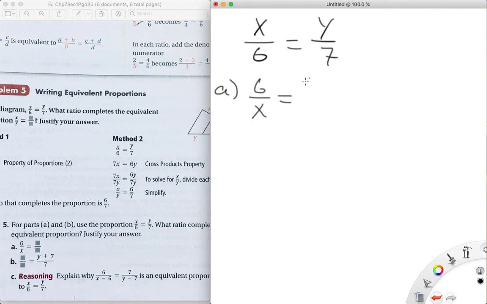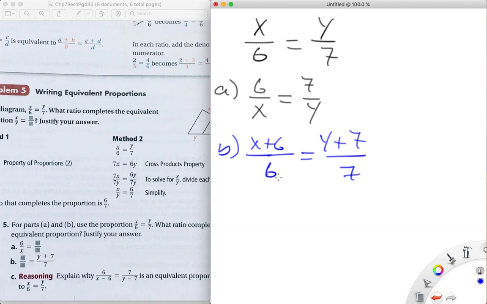So it's going to be 7 over y. Then for b, we have y plus 7 over 7. So they added the denominator to the numerator. So for this side, it's going to be x plus 6, which is the denominator, over 6. All right, so that's property number 3.